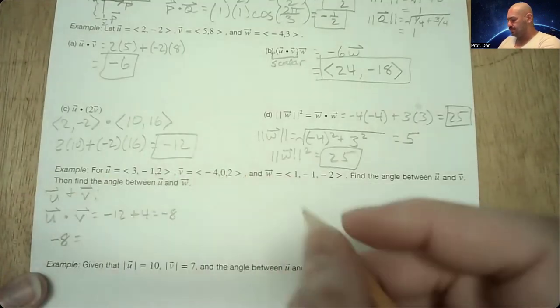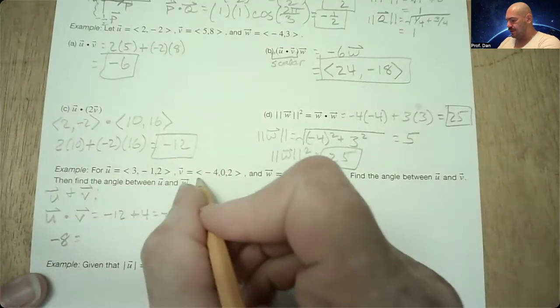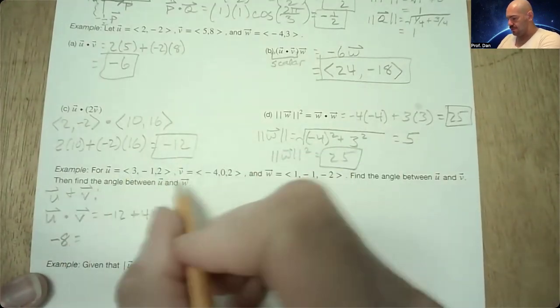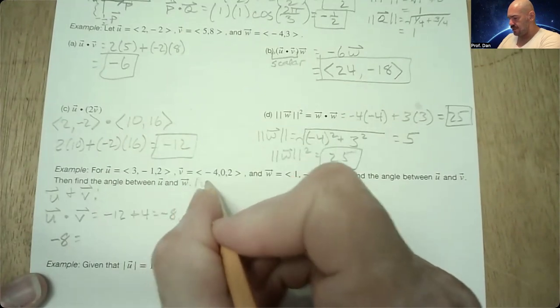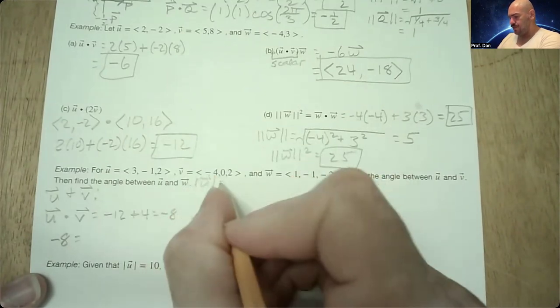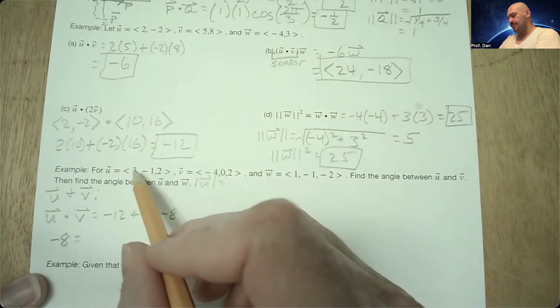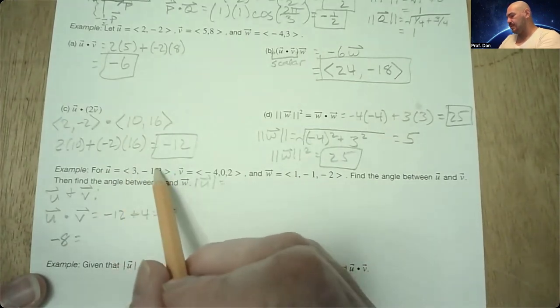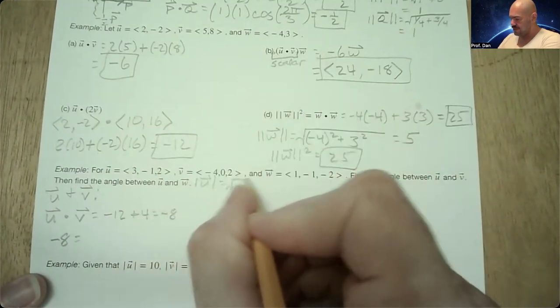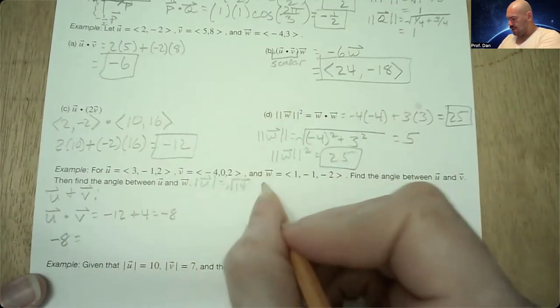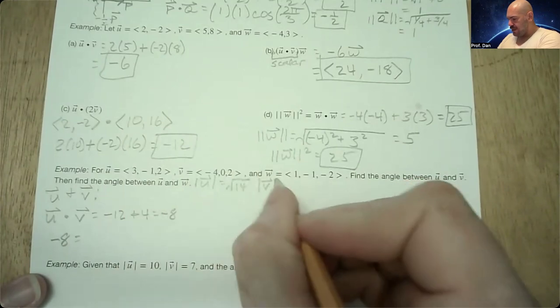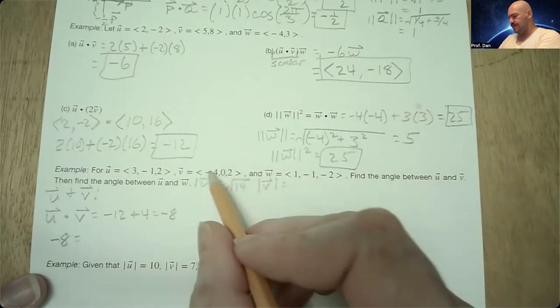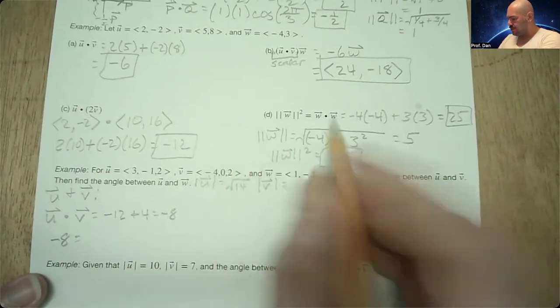So we need to figure out the magnitudes for each of these. So the magnitude of u, right, 3 squared, 9, 10, 14. So the square root of 14. The magnitude of v, 16, 0, and 4.